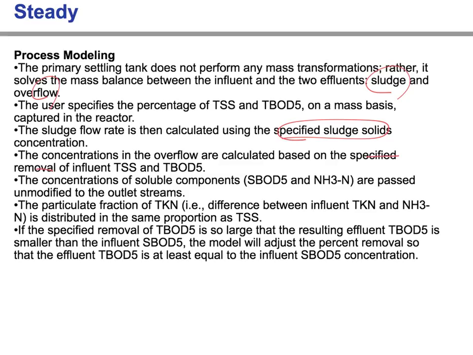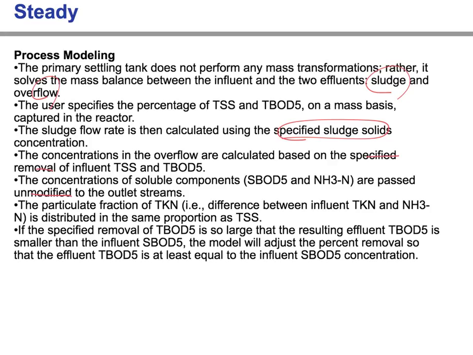The concentration of soluble contents such as soluble BOD5 and ammonia are passed unmodified to the outlet stream because there is no chemical conversion. The particulate fraction of TKN is distributed in the same proportion as TSS.